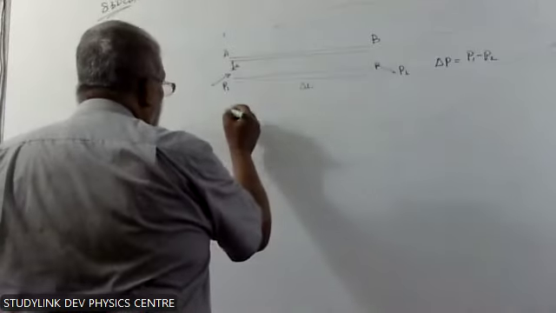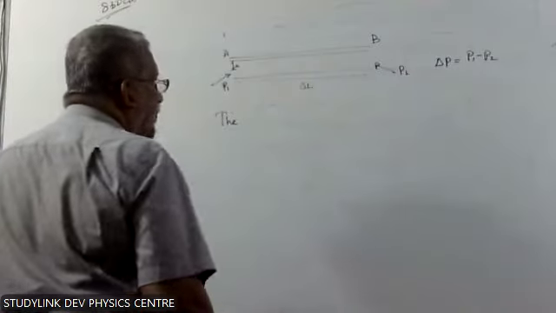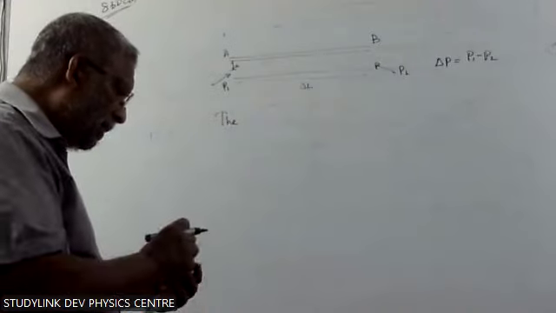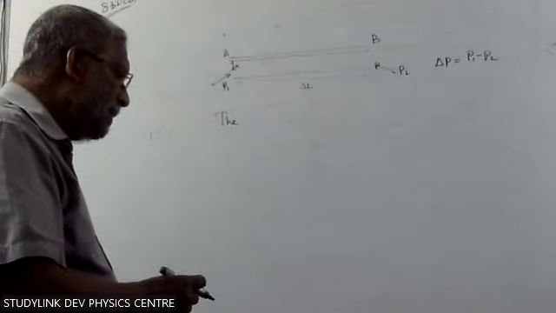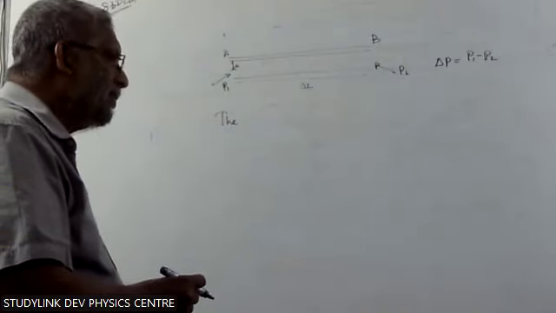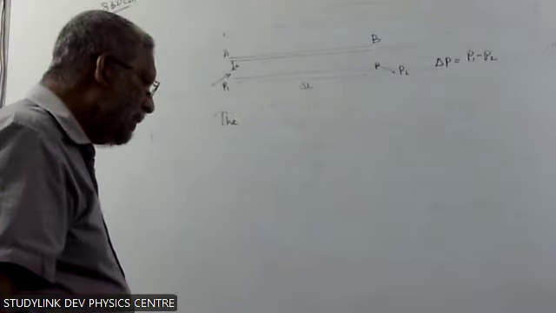Anyhow, note it down. The rate of flow of a liquid through a horizontal tube under steady state. Steady state was considered in the first video.